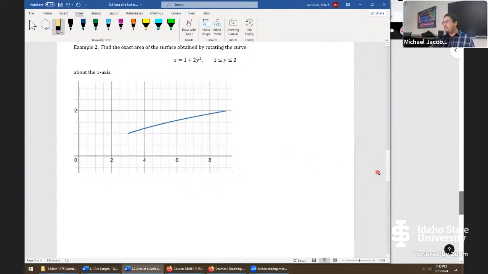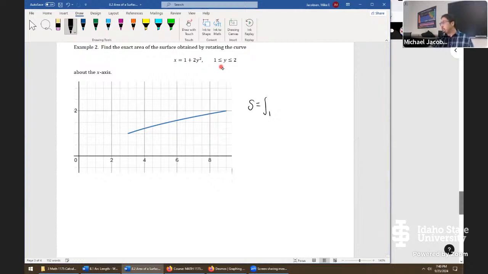Exactly, good call. We're going to have a formula that goes, oh, S goes from, well, the limits of integration are not 3 to 9, whatever those are, because if our curve is specified this way, we use those limits of integration.